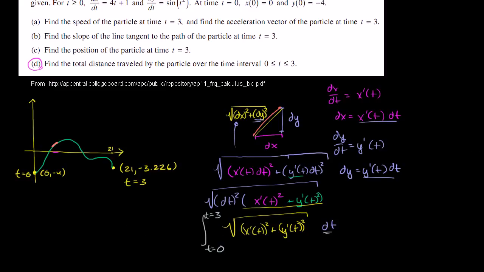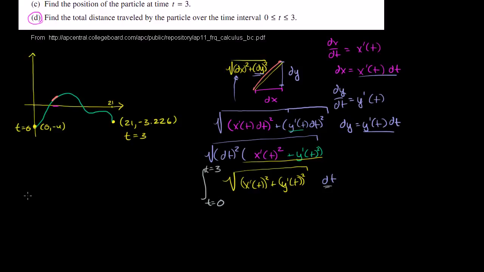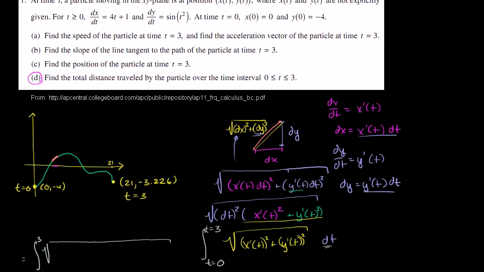They tell us what x prime of t is and what y prime of t is. Let me just rewrite the expression. This is going to be equal to the integral from 0 to 3 of the square root, I'll make my square root nice and big here, of x prime of t squared. They give us what x prime of t is.